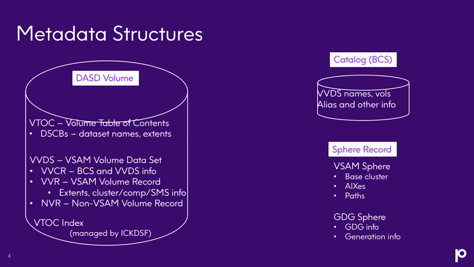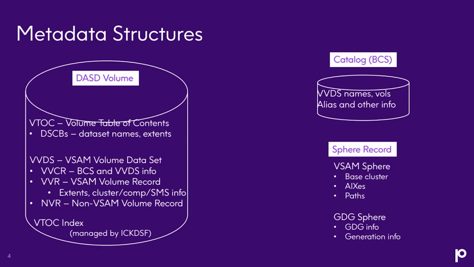If there is an alternate index associated with the base cluster, or if there are components, data component, index component, alternate index cluster, path, associated with a VSAM data set, this is all aggregated into what's called a sphere record.